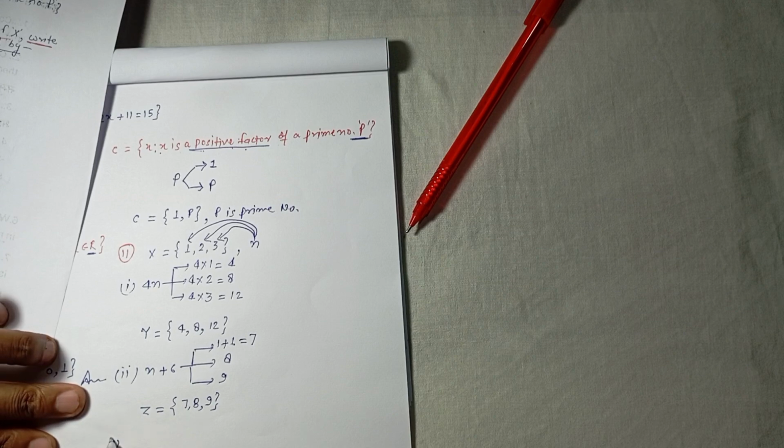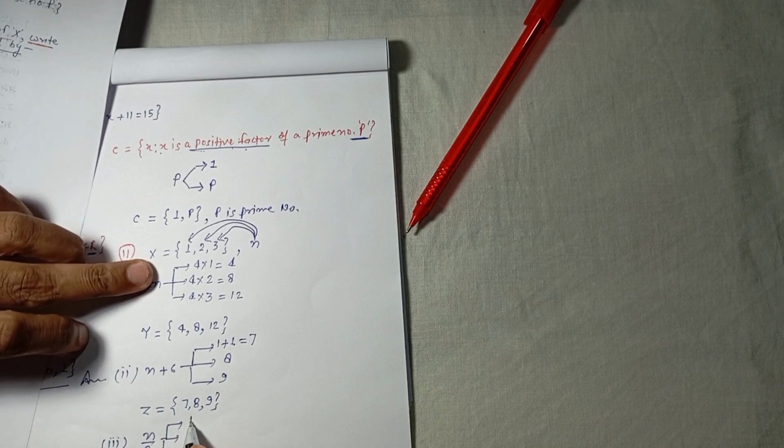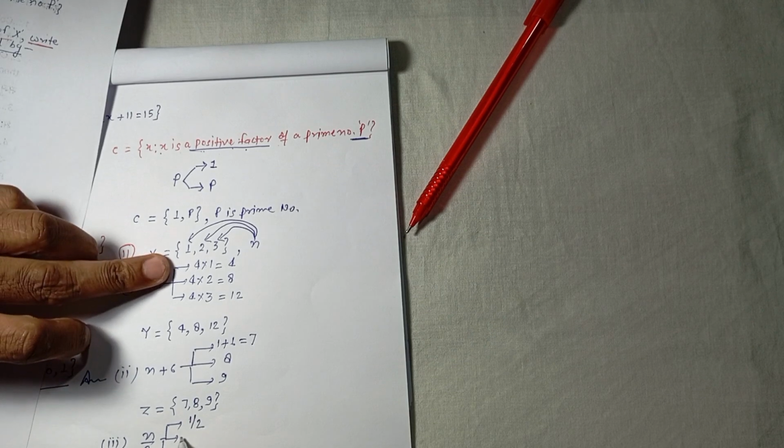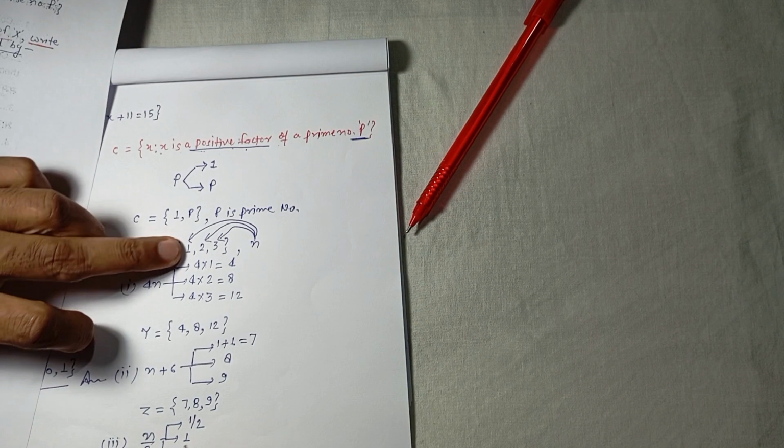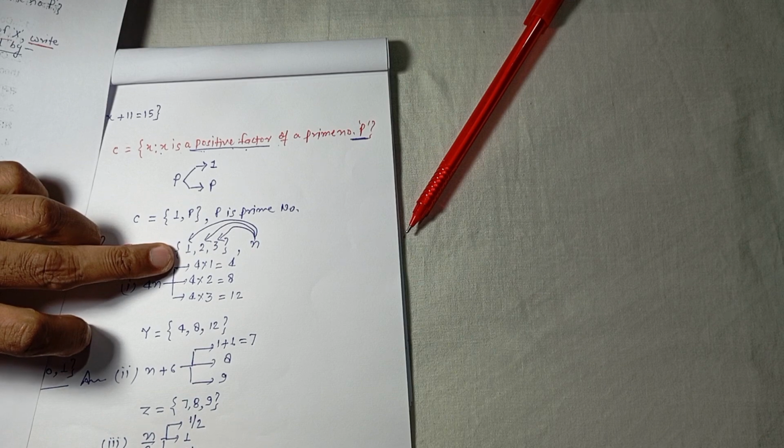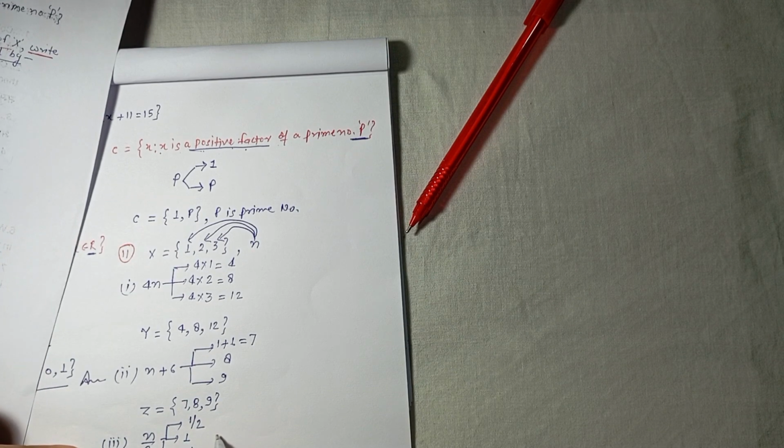Similarly, in the third part of the problem, n by 2 will also have 3 values. For 1 it will be 1 by 2, for 2 it will be 1, for 3 it will be 3 by 2. So let us suppose this set M is equal to {1/2, 1, 3/2}.